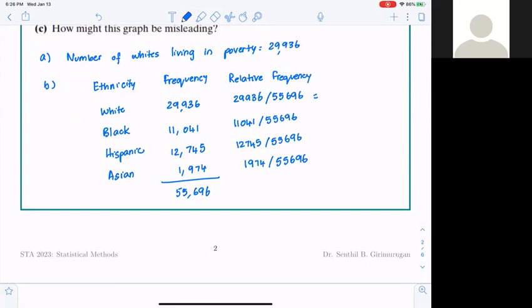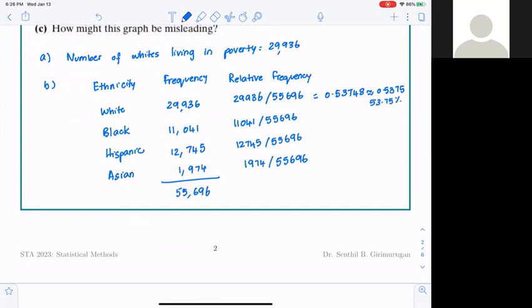The first one is 0.53748. I can round it to 4 decimal places. So the answer would be 53.75%.